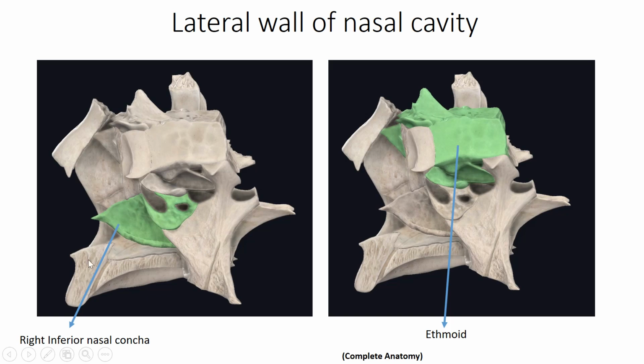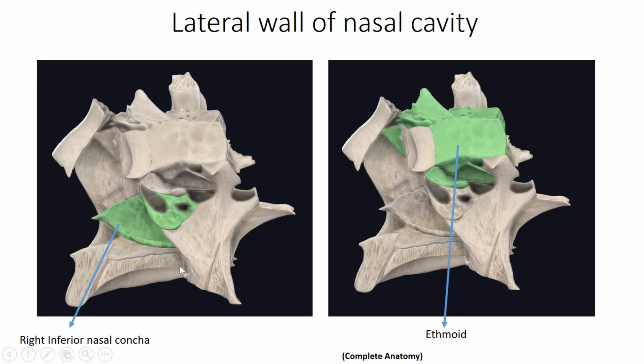So this will be the nasal cavity, but I have removed some of the bones to make it easier to understand the lateral wall of the nasal cavity. But if you look on your own in Complete Anatomy and you start removing the bones and rotating these walls, you will get to the same as we have here.